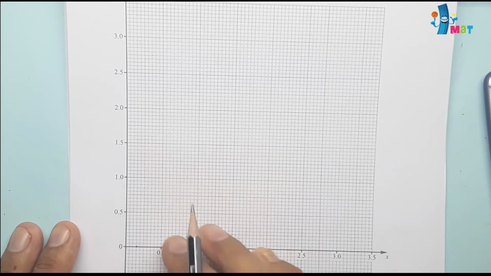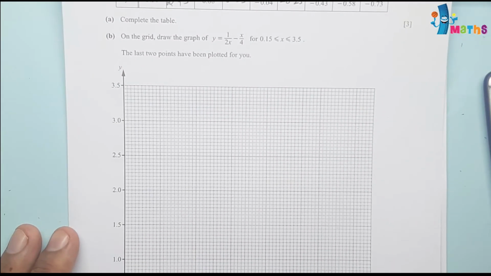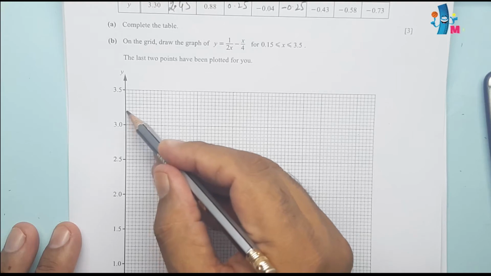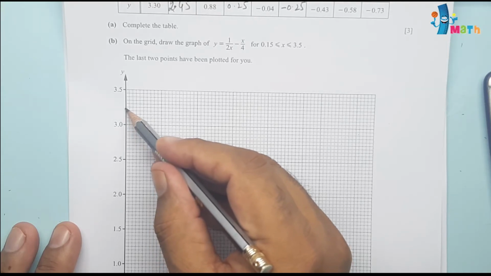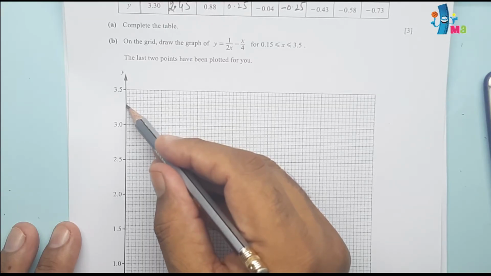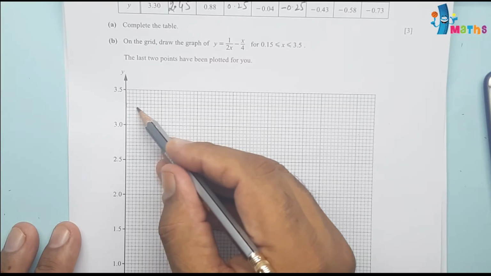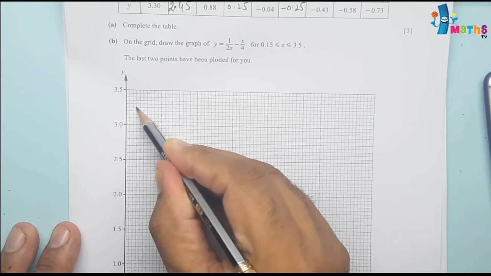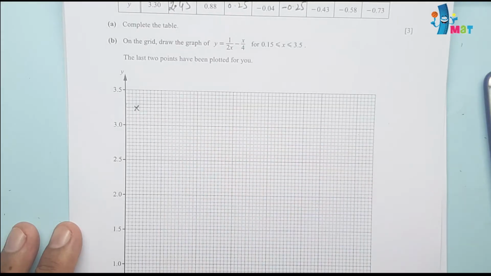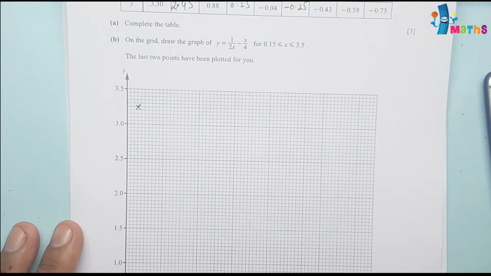3.3 will be 3 over here, and 3.25 over here, and 3.3 will be like this. So I will take this point and mark it with a cross. That is the first pair.